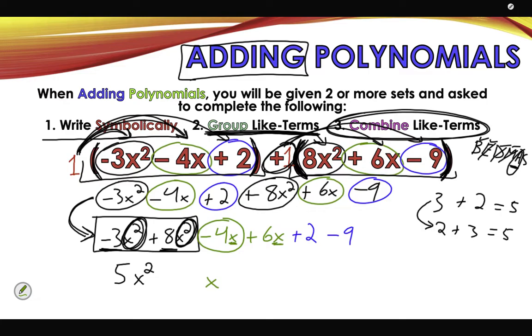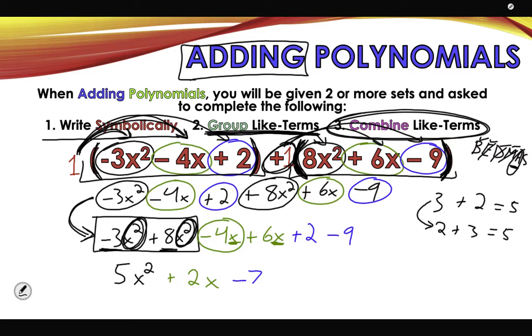It makes these terms like terms, but if you have negative 4 apples and then you add 6 apples, you wouldn't do anything weird about trying to change the apples. Same thing right here. Negative 4x's, positive 6x's, we are going to call that plus 2. And the last part, 2 minus 9, should be negative 7.